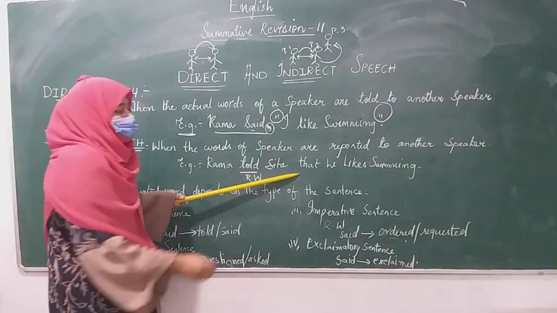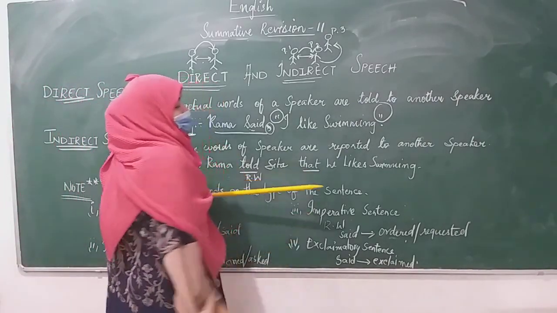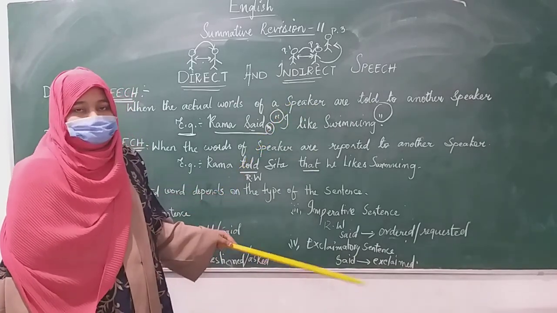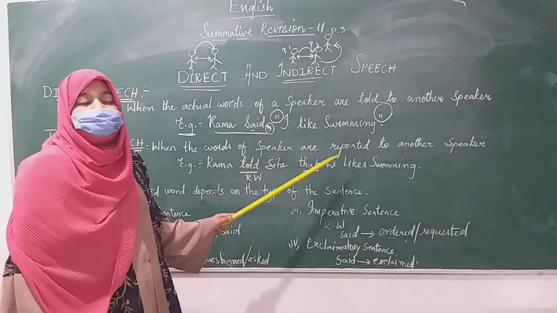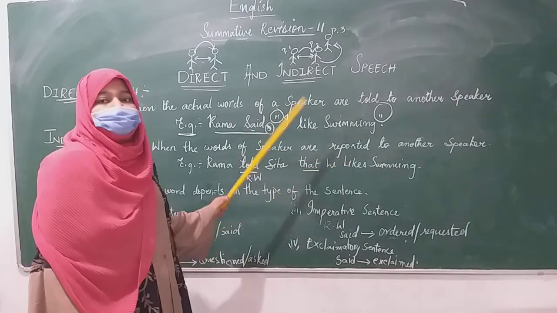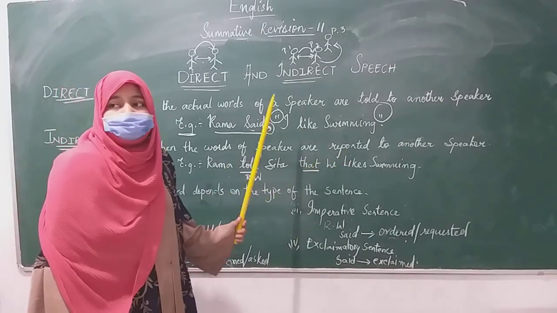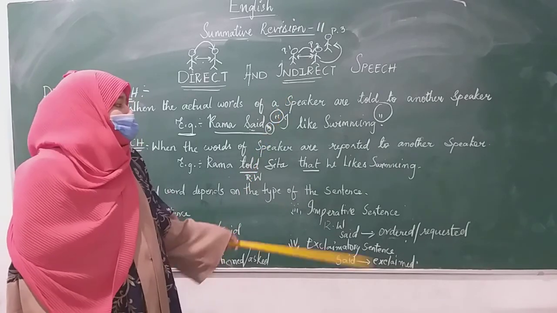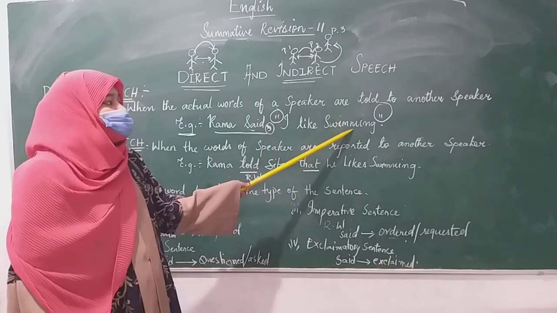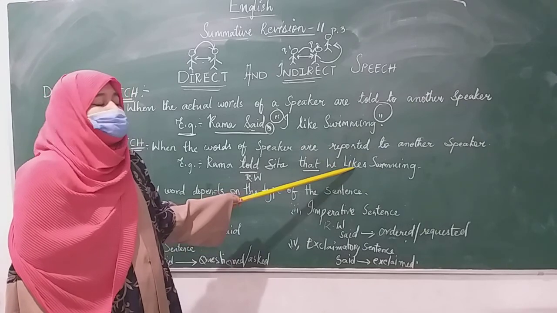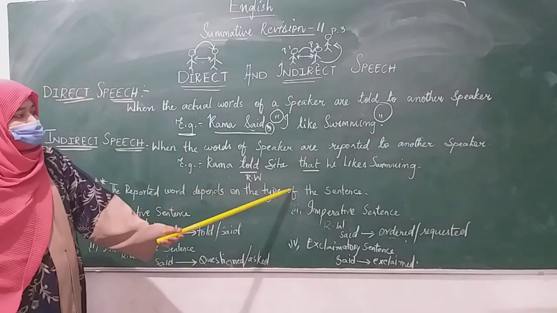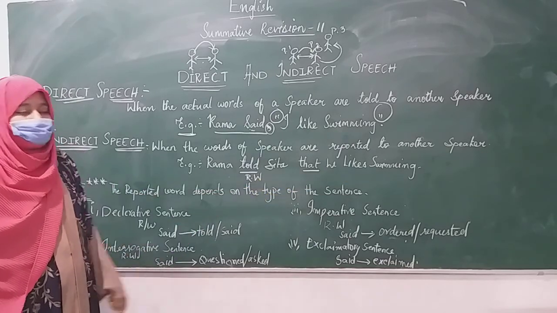After the subject you need to add "that", and always the sentence changes into past tense. You can write "that he likes swimming" or "he liked swimming" accordingly. Since it is in continuous tense, I am writing in past continuous tense. That is, Rama told Sita that he likes swimming.